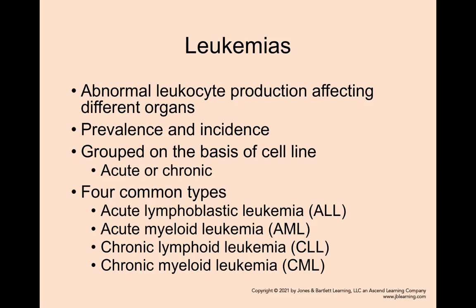So with leukemia, bone marrow stem cells make abnormal leukocytes or leukemic cells that travel through the vascular system, affecting different organs. These last longer than normal leukocytes, so the blood tends to get crowded, and it makes it difficult for the normal red blood cells to function, just because there's not enough room for them.